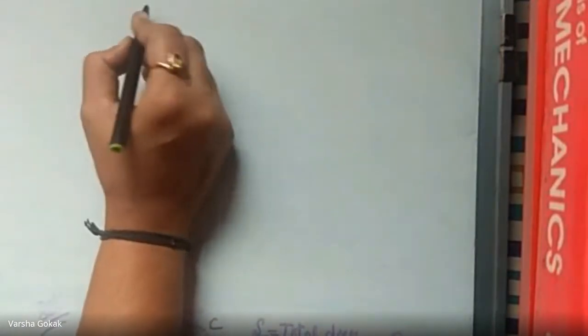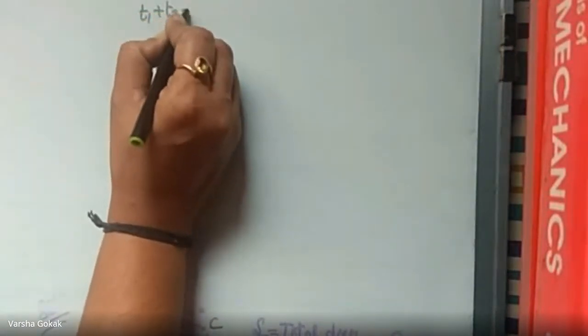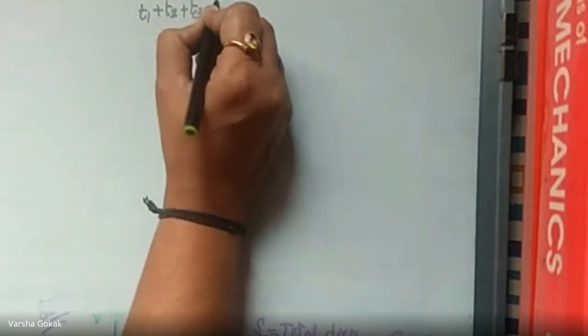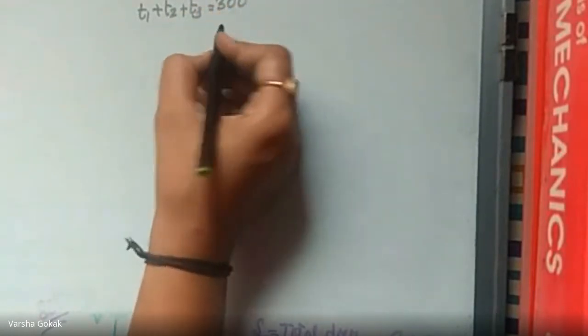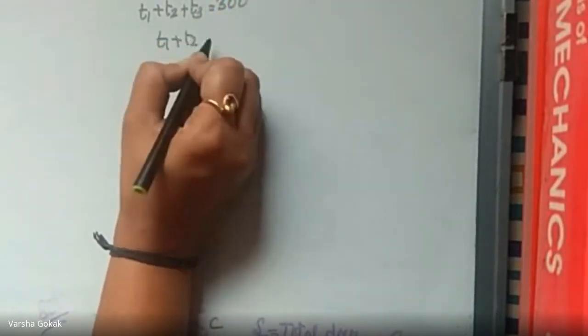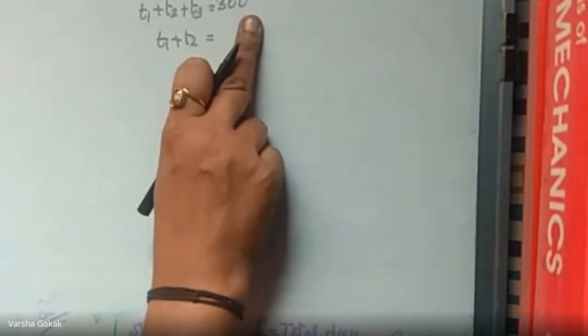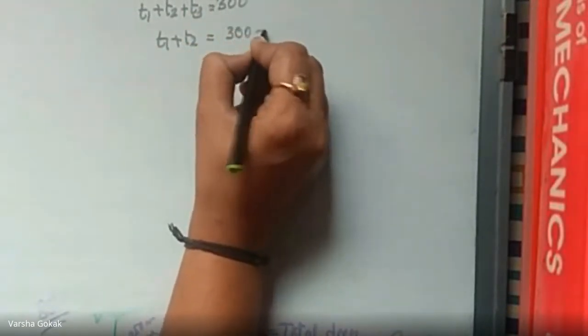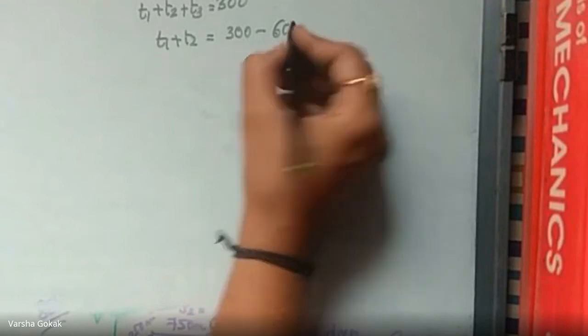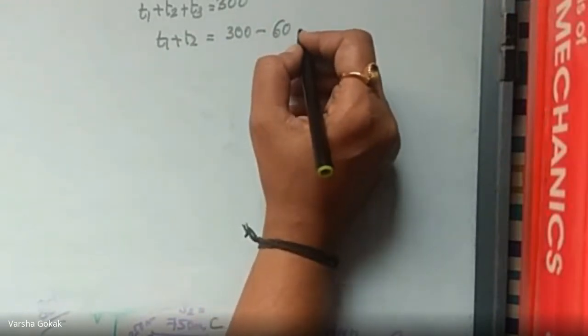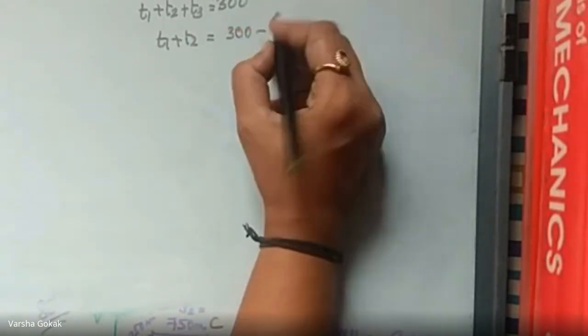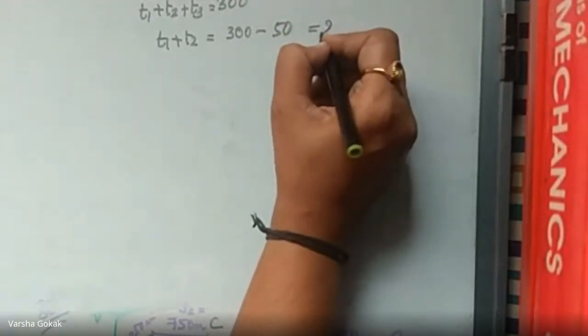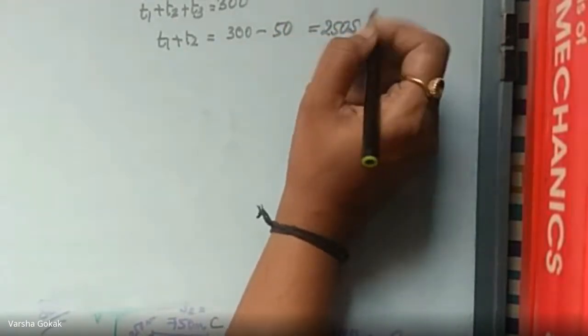I'll start here. We know that T1 plus T2 plus T3, the total time, is equal to 300, wherein I'm aware of T3. So 300 minus T3 is 60, right? That makes it how much? Oh, I took it as 60, make it 50. Okay, 50. So I'll have 250 seconds, right?